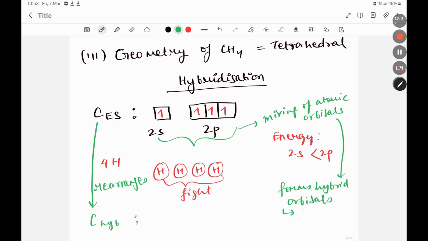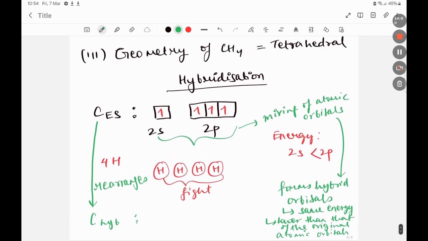And these hybrid orbitals all have the same energy, and their energy is lower than that of the original atomic orbitals. Okay, I hope you can read whatever I am saying because I am also speaking all those things which I am writing.